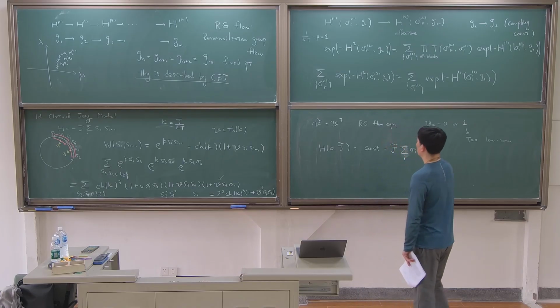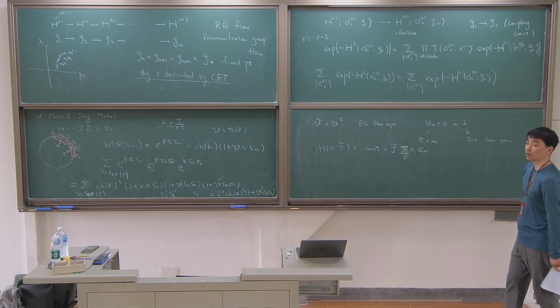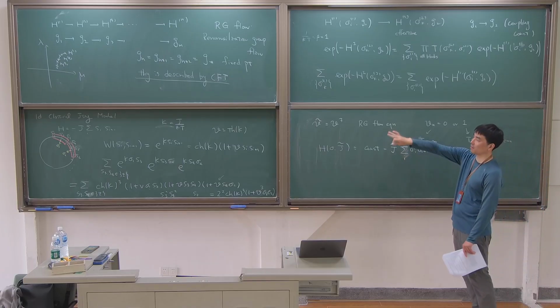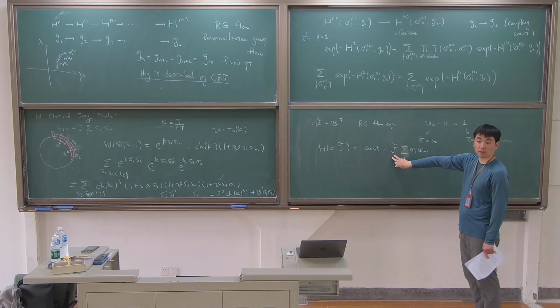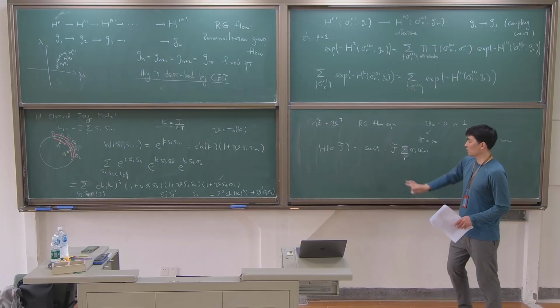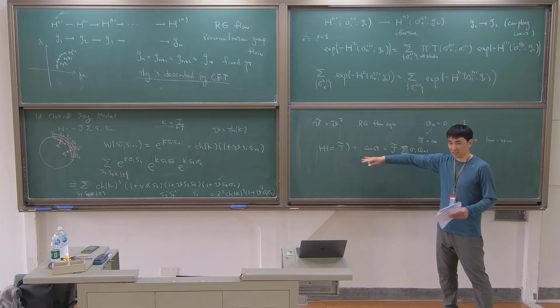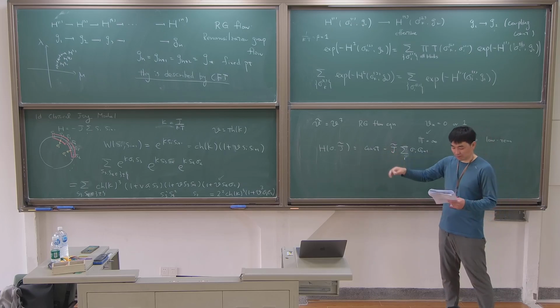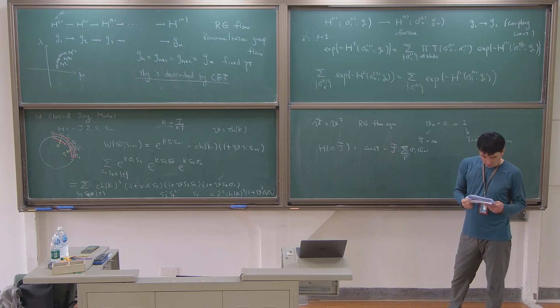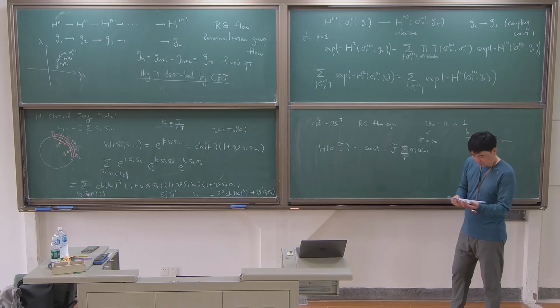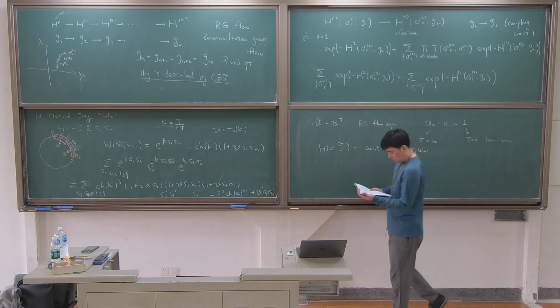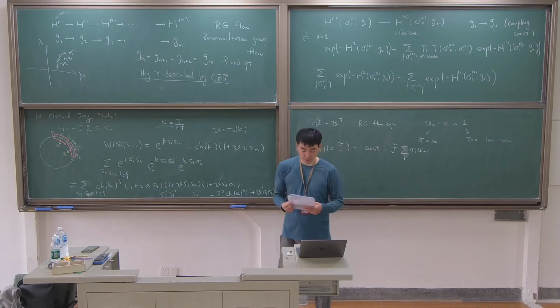Like this. Okay, so that's how you get it. So essentially you have the same Hamiltonian, but with a different coupling constant J tilde. This constant is not important actually, you can always shift it, so I don't care about this. Fine. So that's the simplest example.